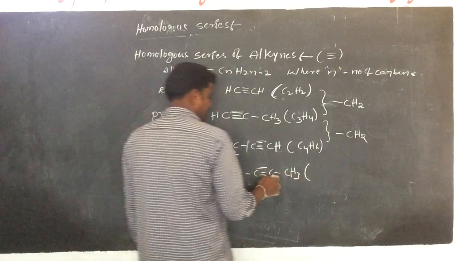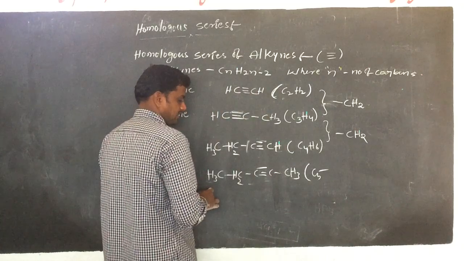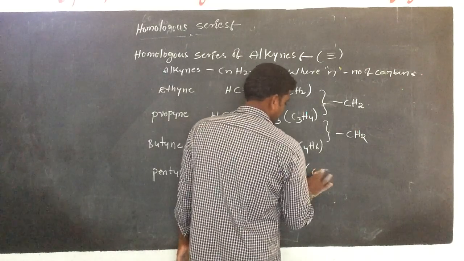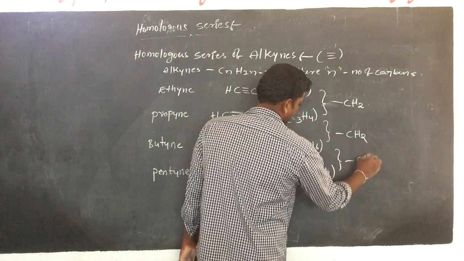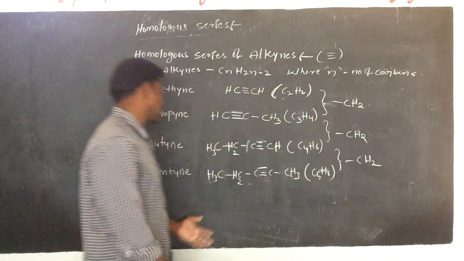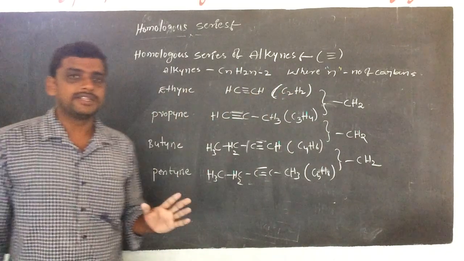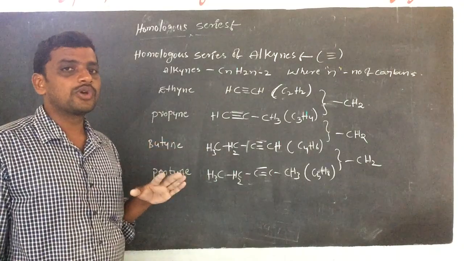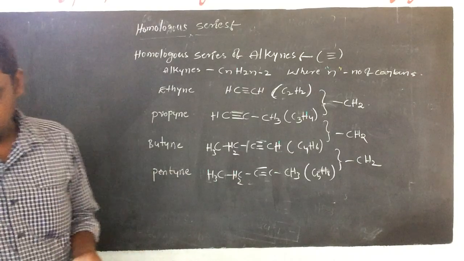Formula: C5, hydrogens are 3 plus 3, 6 plus 2, 8. C5H8. These two differ by a CH2 functional group. So these are examples of the homologous series of alkynes. This is the information about the homologous series of alkynes.